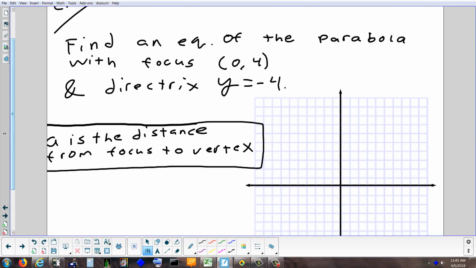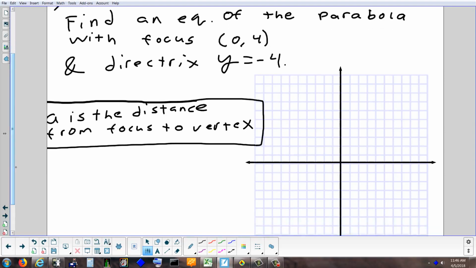And I think that's enough information to figure out which way it opens. In table 1, look at the row that has y equals a negative number. It's going to open up. Even if you didn't have the table. Okay? Just draw what you have and try to use what I've shown you.